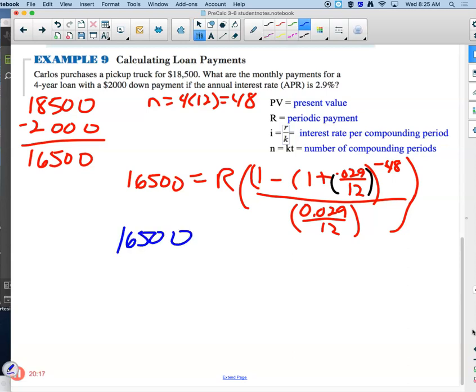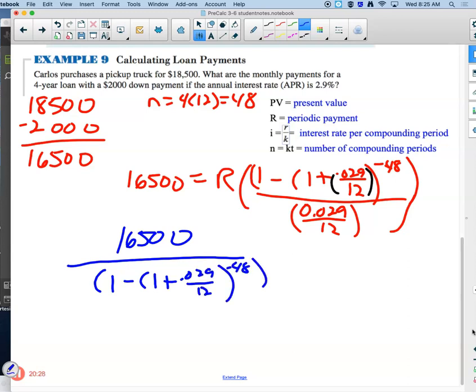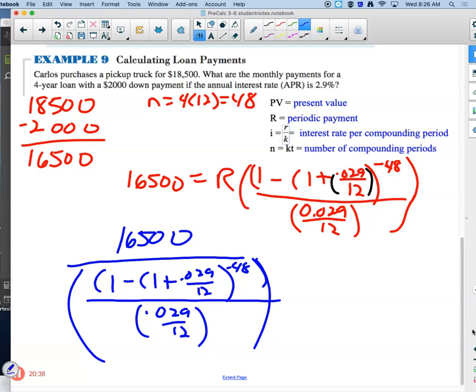I'm going to take 16,500 and divide it by... There, I think I've got all my parentheses matching. Nope, I do need this one here to let it know that that's the numerator right there. And that'll give me R.